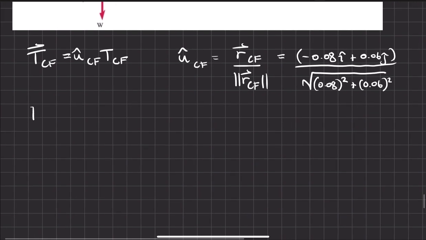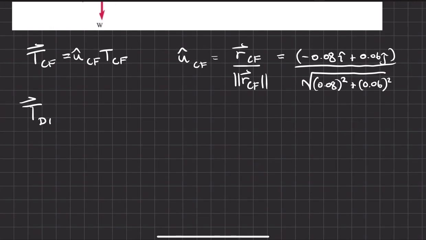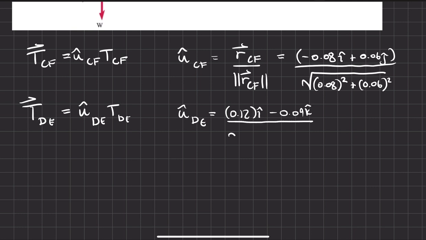We can do the same thing for the tension from D to E, which equals the unit vector UDE times its magnitude TDE, and we'll get that UDE is equal to 0.12 I minus 0.09 K. And then we do the same thing.